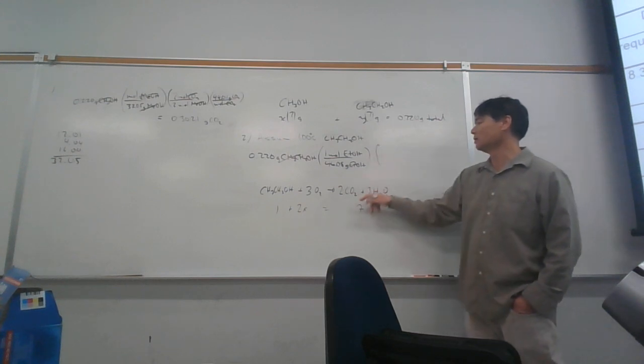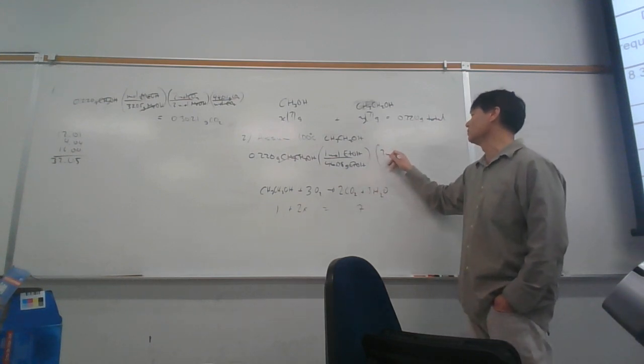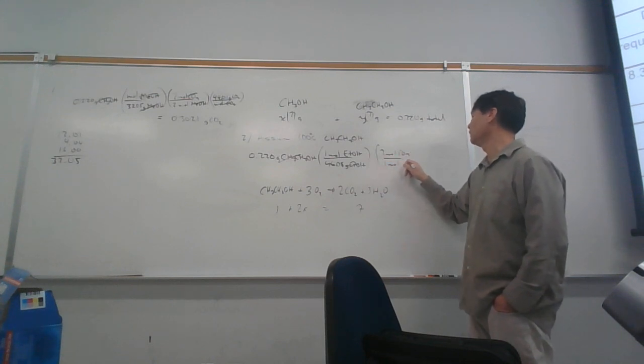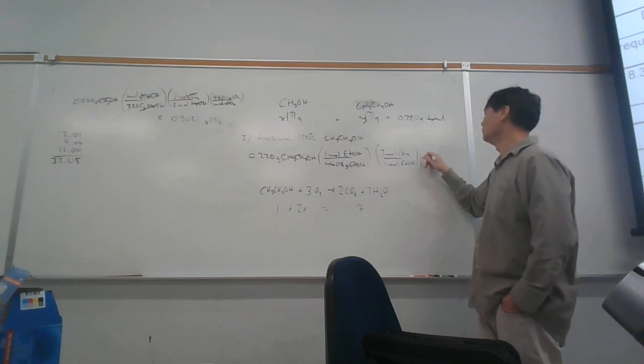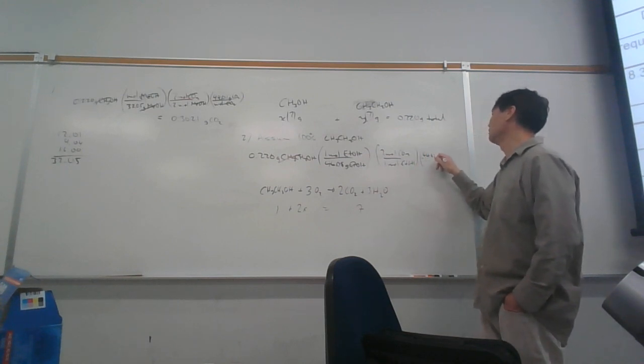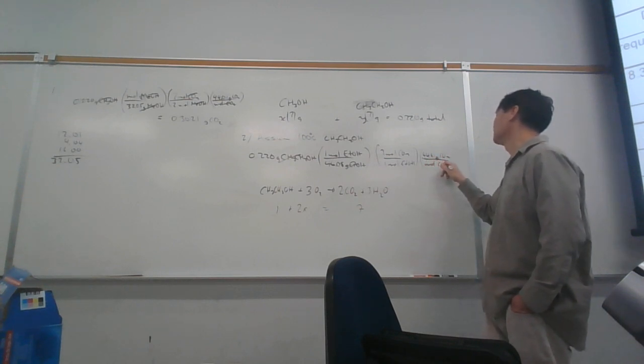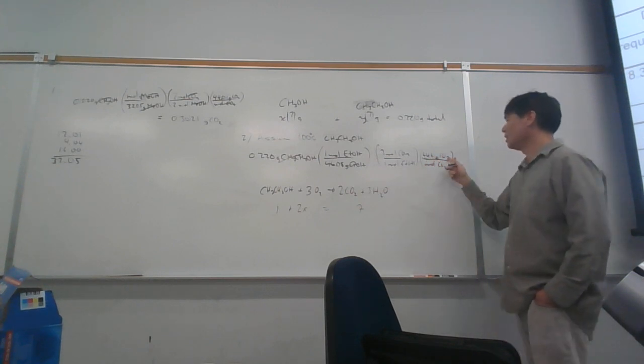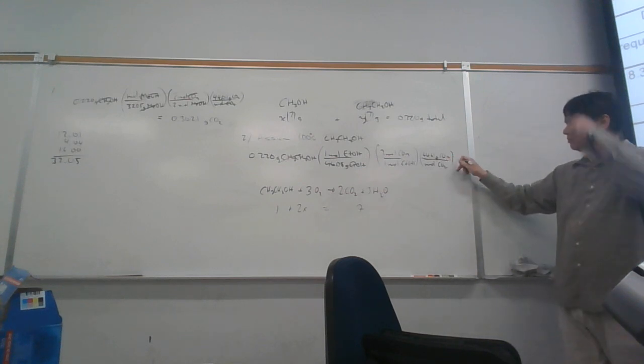So the mole ratio here is going to be 2 moles of CO2 for every 1 mole of ethanol, EtOH. And then the molar mass is 44.01 grams of CO2 for every mole of CO2: 2 oxygens, 32, plus carbon, 12.01.